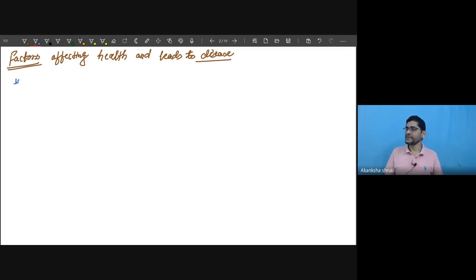Another one: in your society where you are living, if the neighbors are not handling their waste or garbage properly, throwing their waste in the nearby area or on the road, and water drains are not properly covered, then the environment around us gets disturbed. Open drains and garbage here and there lead to the formation of various pathogens that enter our body and give rise to various diseases.